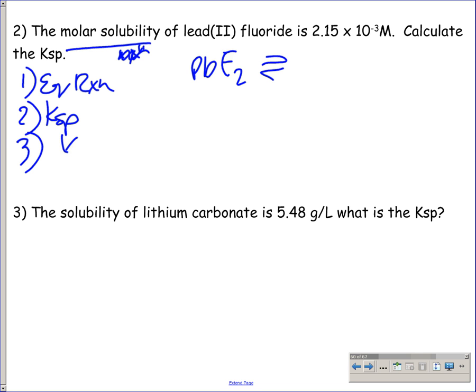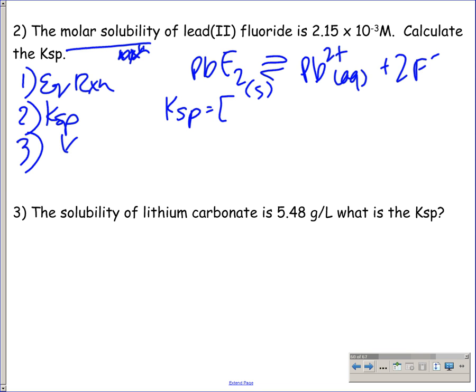All right, so first of all, always set up your equilibrium reaction. Lead 2 plus and 2 F1 minus. Whenever you have this, you now can get your K expression, Ksp, which is what? Concentration of Pb 2 plus times F minus squared.